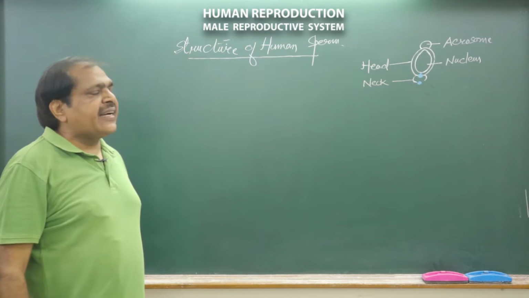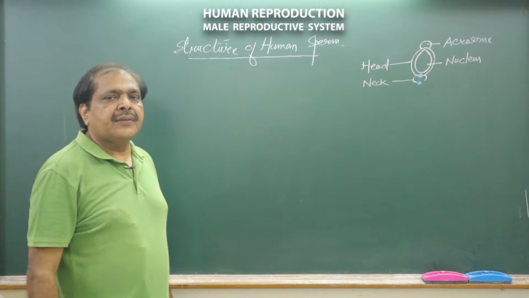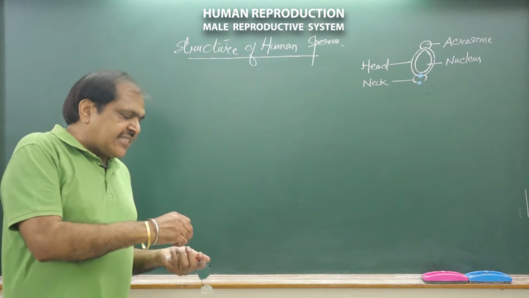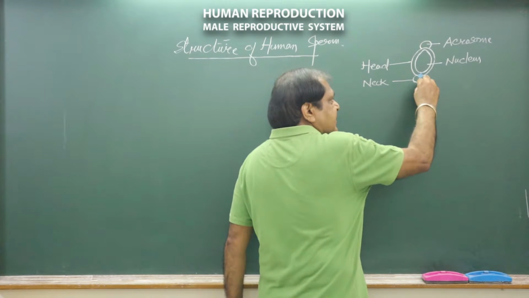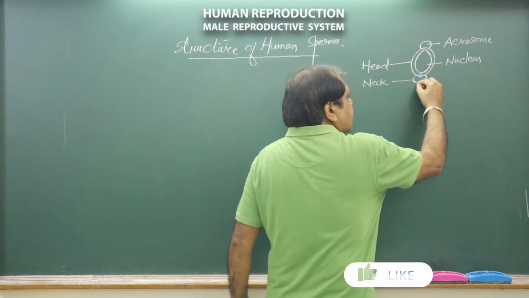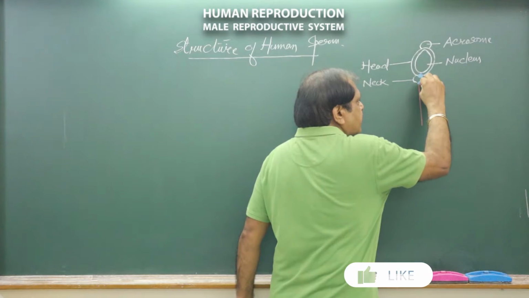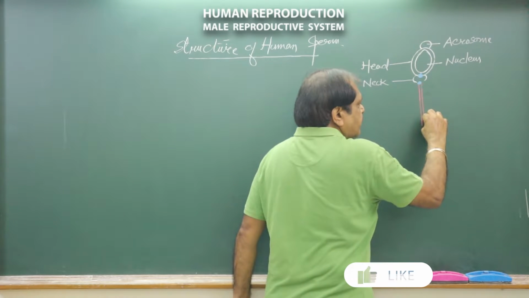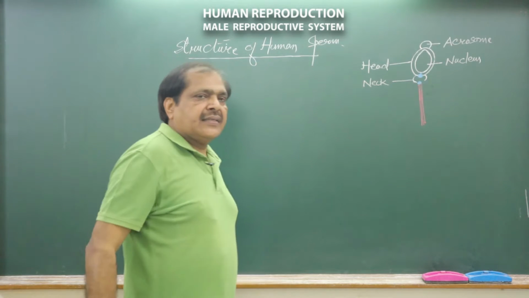The proximal centriole is responsible for the first cleavage of the zygote, and this distal centriole forms the axial filament of the sperm. This is the axial filament of the sperm.